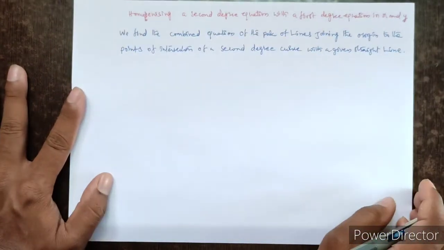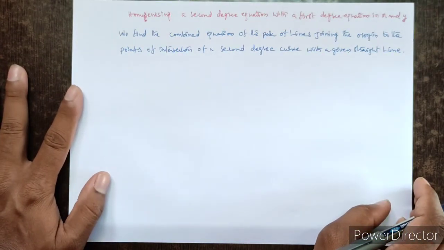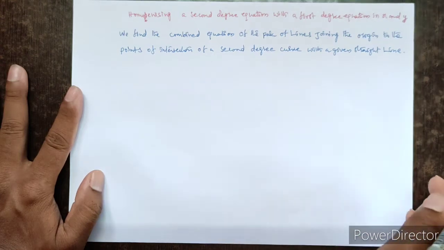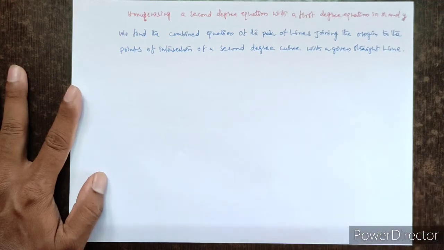Here we find the combined equation of the pair of lines joining the origin to the points of intersection of a second degree curve with a given straight line.